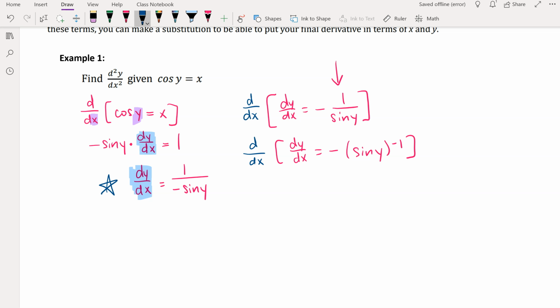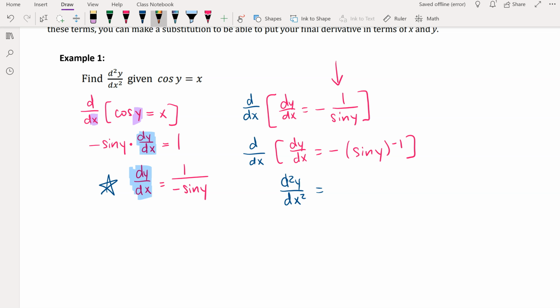Okay, and now let's take that derivative. So if I take the derivative with respect to x of dy dx, I'm just going to get d squared y dx squared. That just means second derivative. So d squared y dx squared equals, all right, we're going to use the power rule to take the derivative of this thing, but time out. We have an inside function and an outside function.